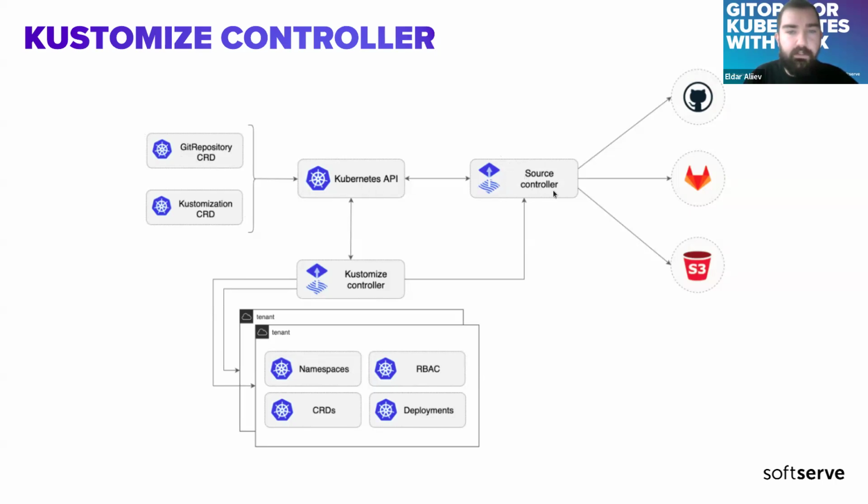The source controller will reconcile the Git repository information, and the customization controller, using the information from the source controller, will reconcile the customization custom resource. In this case, it will just render the templates, actually manifests, and then apply them to the cluster. So actually that's all that this controller performs.